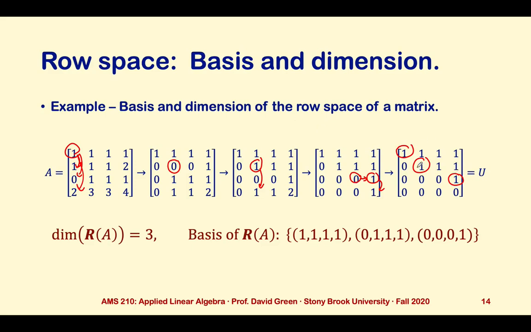There are 1, 2, 3 non-zero rows, so the dimension of the row space is 3. A basis for the row space is found simply by taking these 3 rows: 1, 1, 1, 1; 0, 1, 1, 1; and 0, 0, 0, 1. Problem solved.